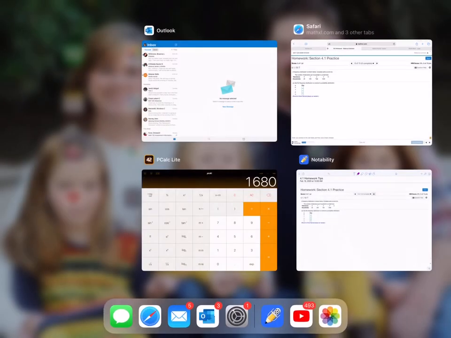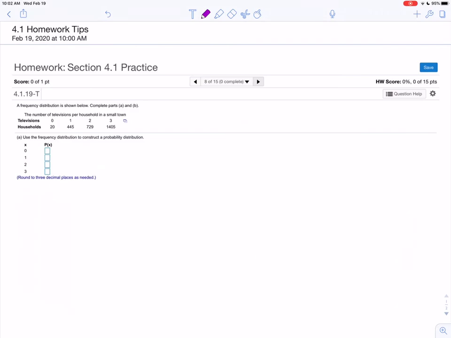All right, so the way that I would approach that here, the first thing I would do when I see that I need to go from frequency to probability is I would determine the total frequency that I'm looking at. All right, in this case, if I add up my frequencies, I have a total frequency of 2,599. All right, we know we need the total to calculate probability.